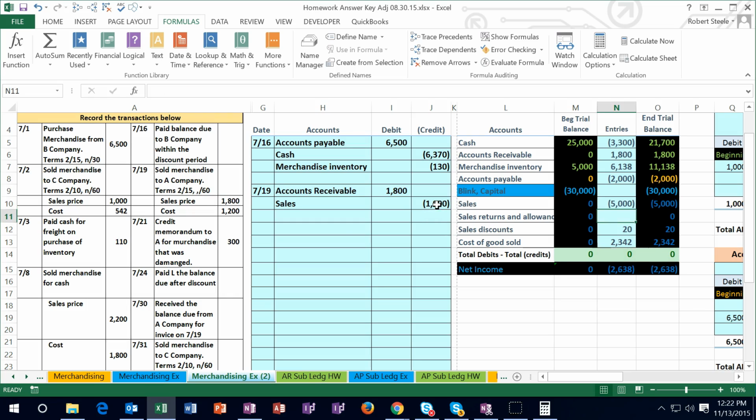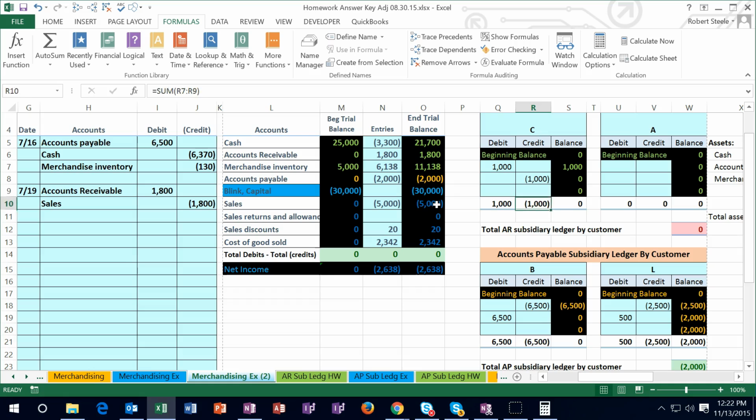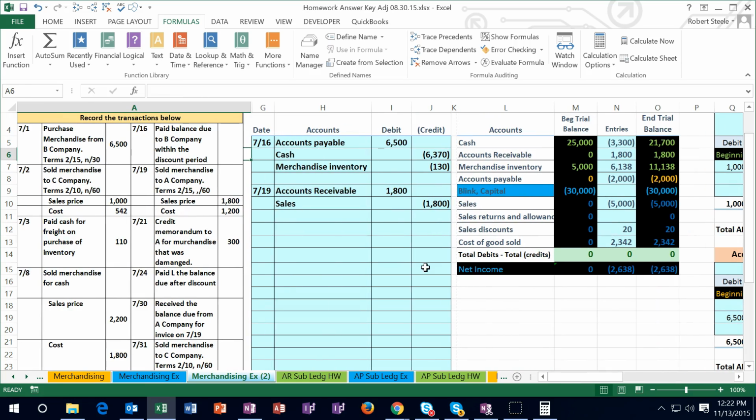Now as we're going, we might want to post that over here. A now owes us money, so we have a red number because that doesn't tie out to our receivable here. So I'm going to say that equals the accounts receivable and enter. So now it adds up to 1800, we're good. Now we need to record the second half of this transaction, which of course is the cost of the inventory.